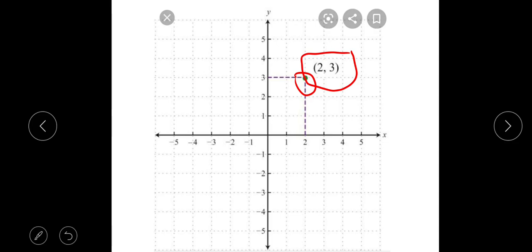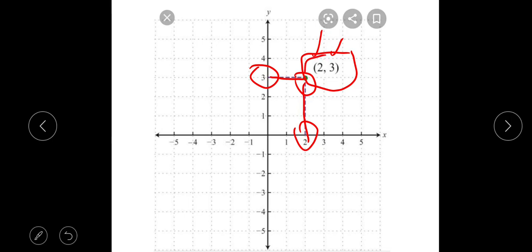If we draw a vertical line from the point, it will meet at 2 on the x-axis. So the x coordinate is 2. And if we draw a horizontal line to the y-axis, it will meet at the point 3. So the y coordinate is 3, that we will mark here.